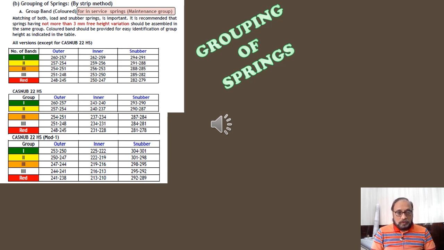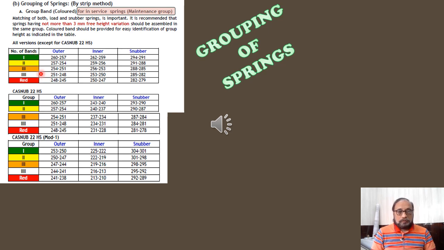Say for outer springs, we have a range of 257 to 260. So the springs which fall in the free height range of 257 to 260 mm, they are given one band of green paint.